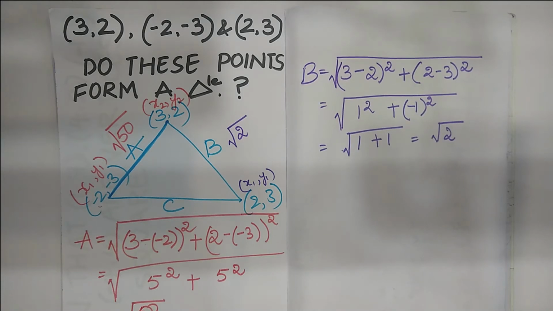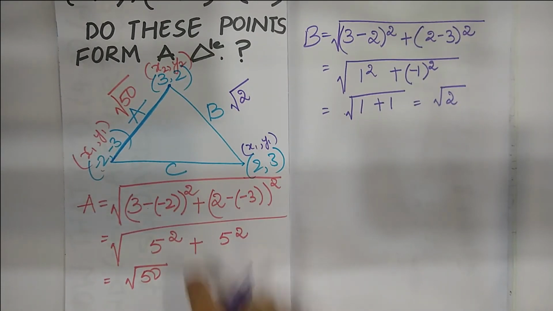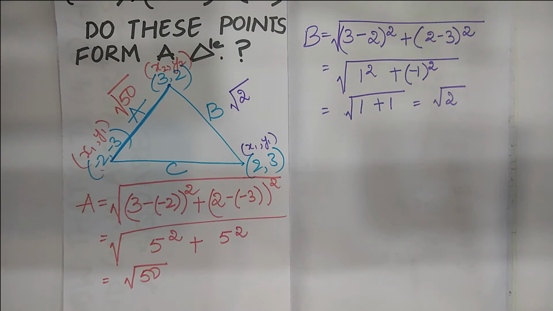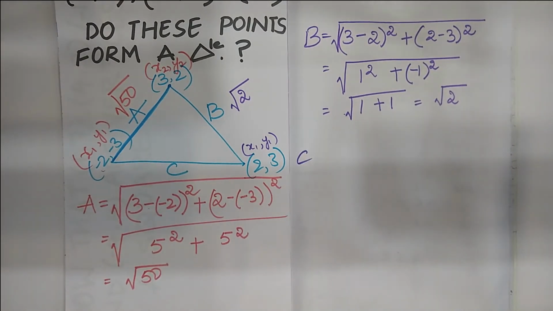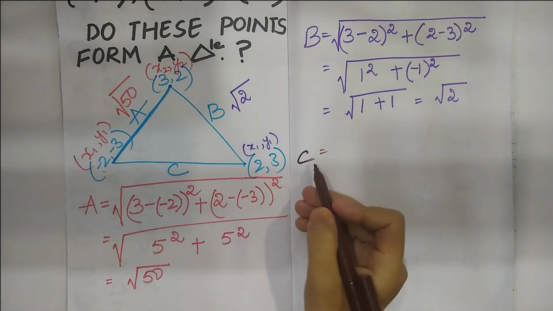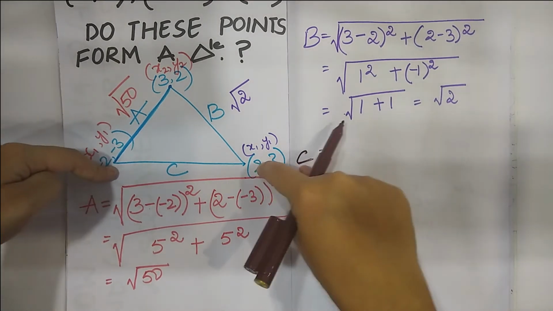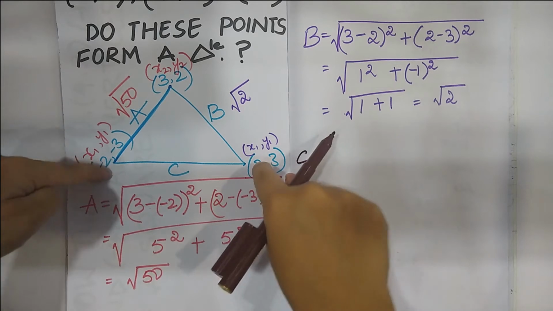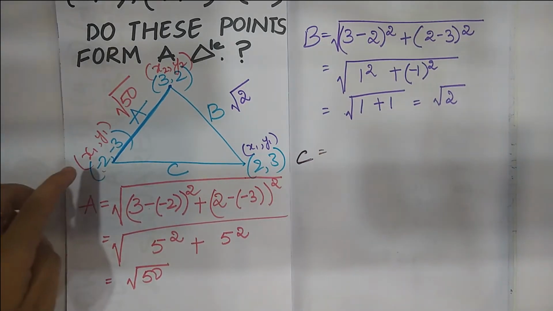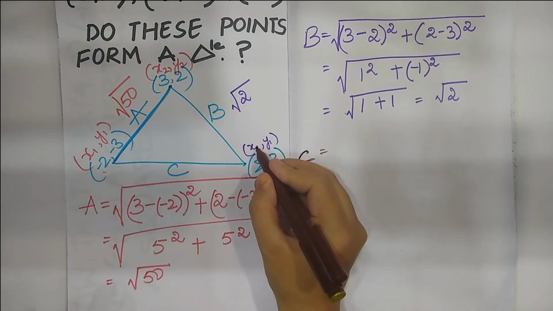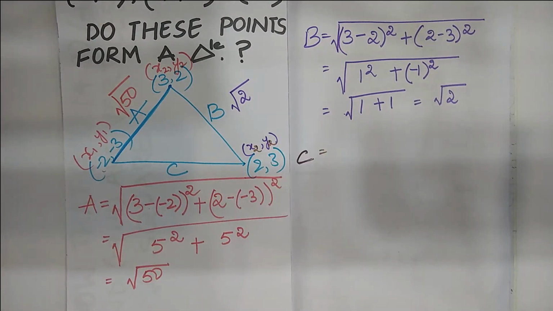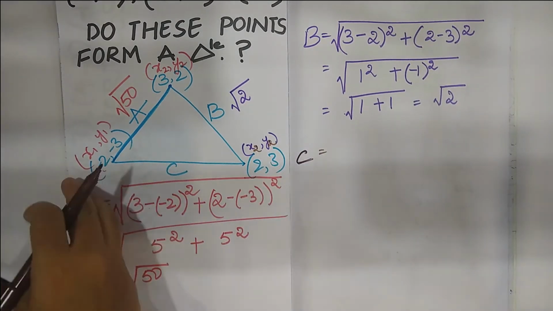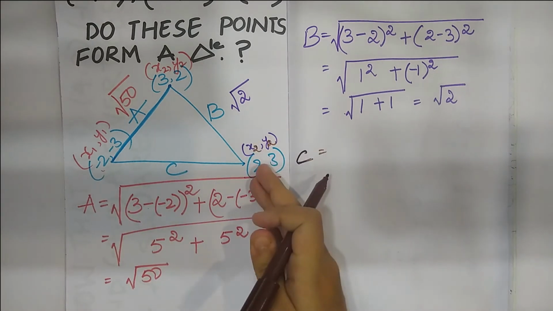Alright. Now we'll have to find the distance for the side C. So what do we do for C? So for C, we choose these two coordinates because C, this side, lies on these two coordinates. So you can just place any of these as x2, y2. It's your choice. Either this can be x2, y2 or this can be x2, y2.